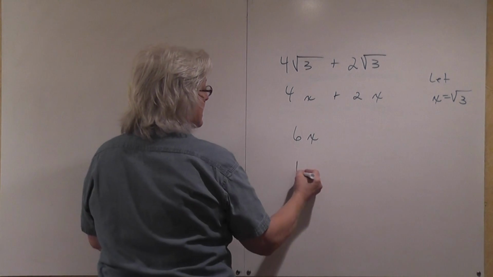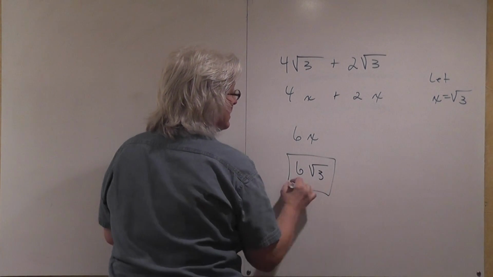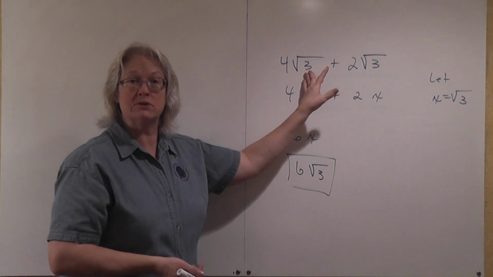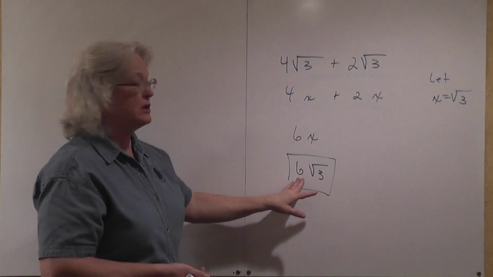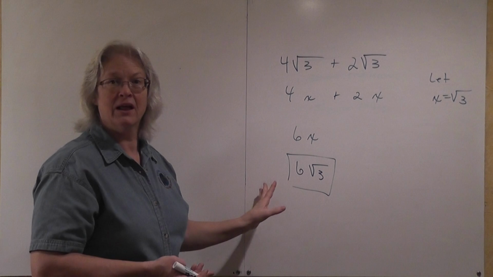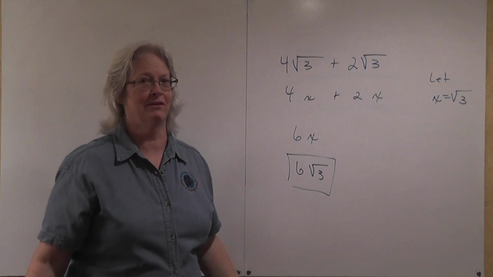If x is actually equal to the square root of 3, when we combine these two radicals, 4 times the square root of 3 and 2 times the square root of 3, it just becomes 6 times the square root of 3.